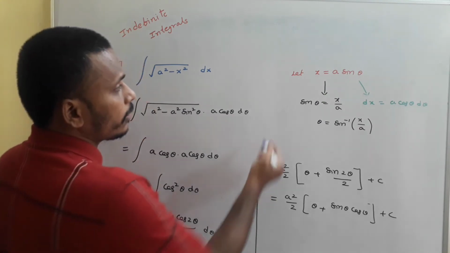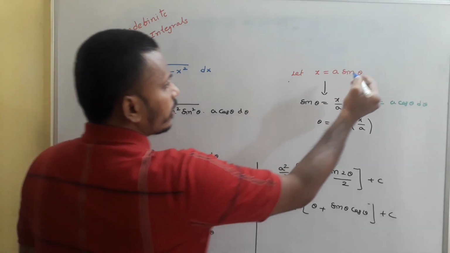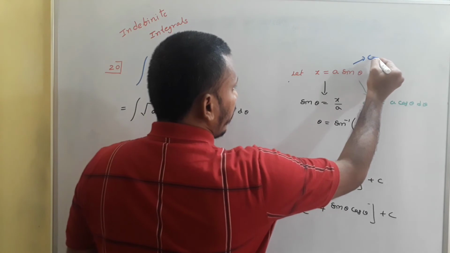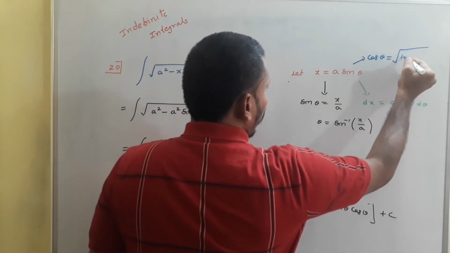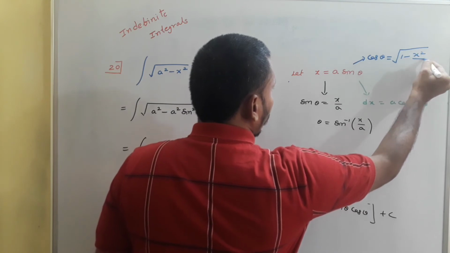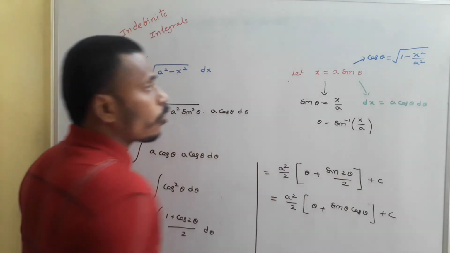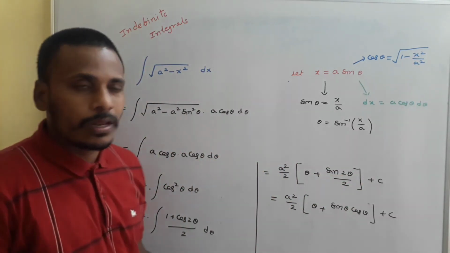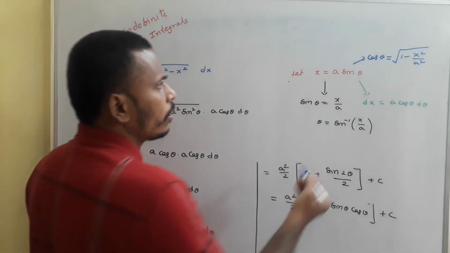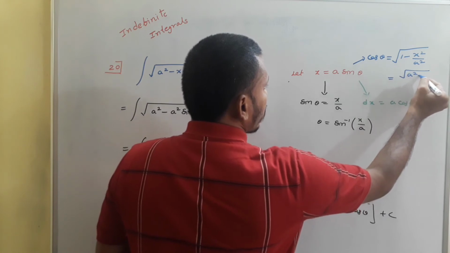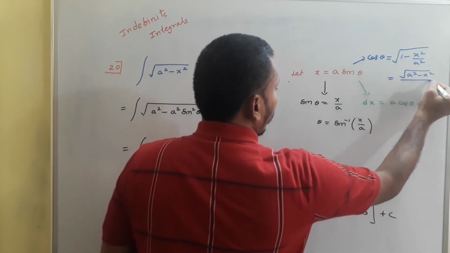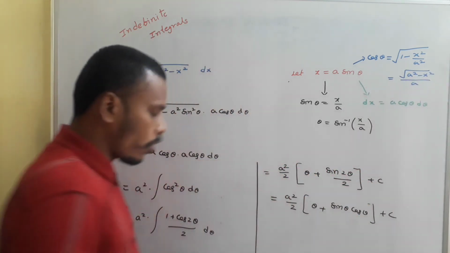What is cos theta? If sin theta is equal to x by a, from there directly I am writing cos theta is equal to the square root of 1 minus sin square theta, which is the square root of 1 minus x square by a square. And you just simplify it more, then it becomes root of a square minus x square divided by a. That is cos theta.